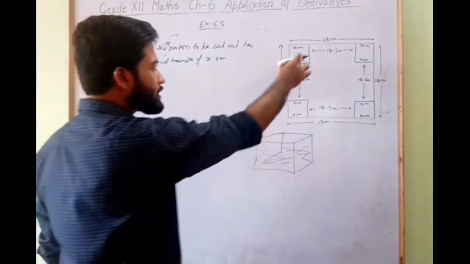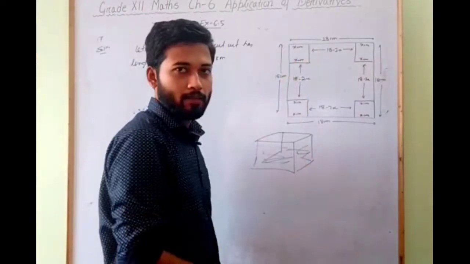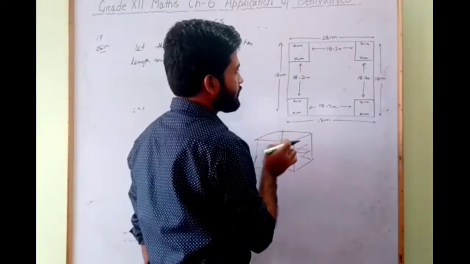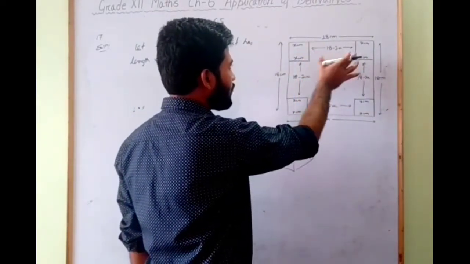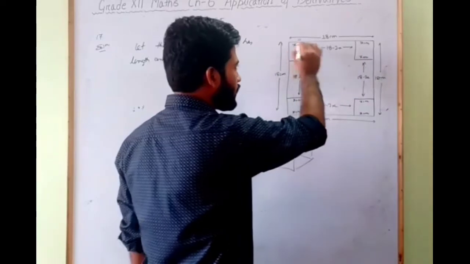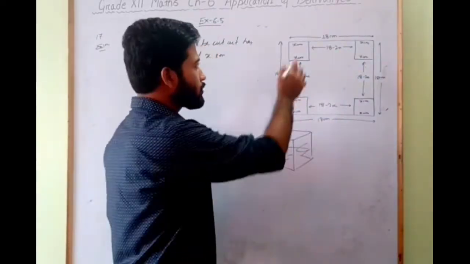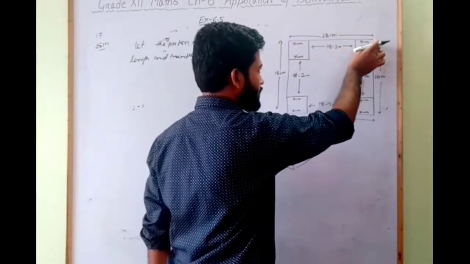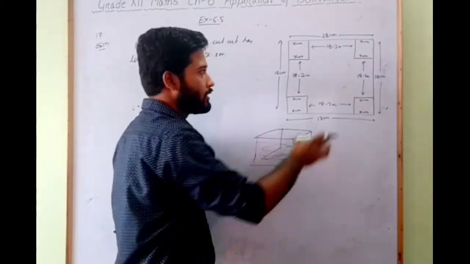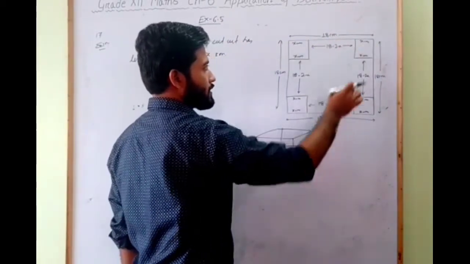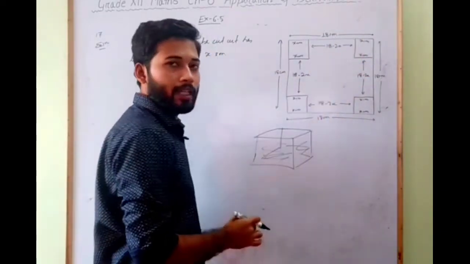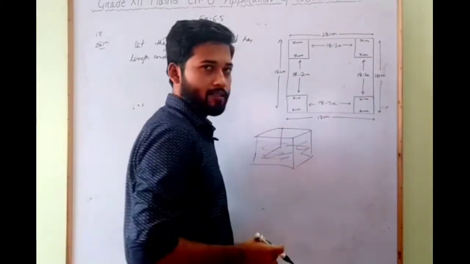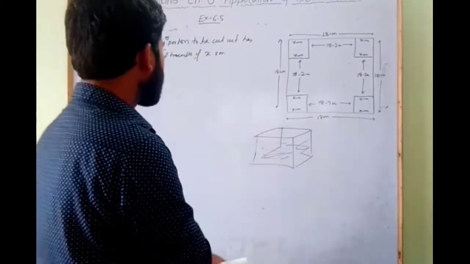If it is x centimeter, all the sides will be x centimeter because these are squares. So if this is x, what about this length? Our total length is given 18 centimeter. If I am considering this square of side x centimeter, x plus x will be twice x. So the remaining portion will be 18 minus twice x. Similarly, it will hold for all the other sides.